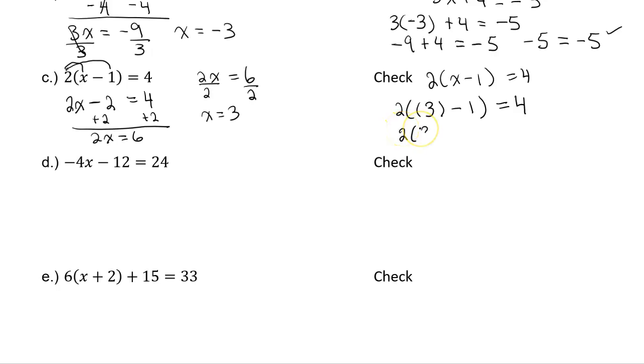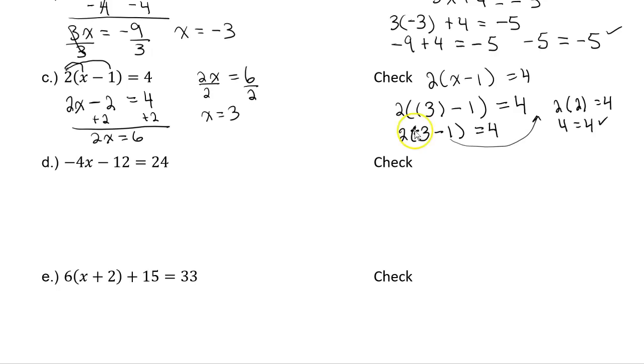So I get 3 minus 1 equals 4. Okay, now order of operations says that I need to do the portion in parentheses first, that 3 minus 1. So over here, I get 2 times 3 minus 1, which is 2, equals 4, and then 4 equals 4.